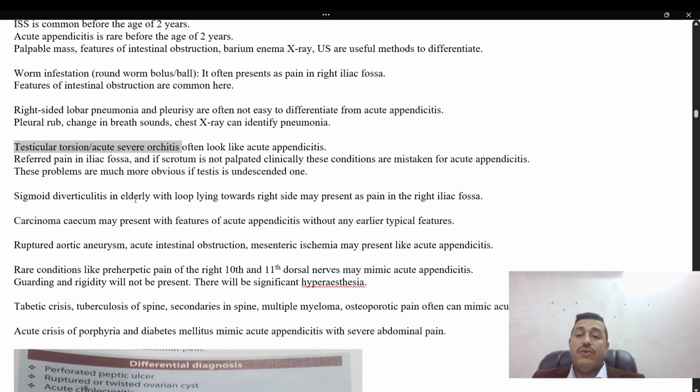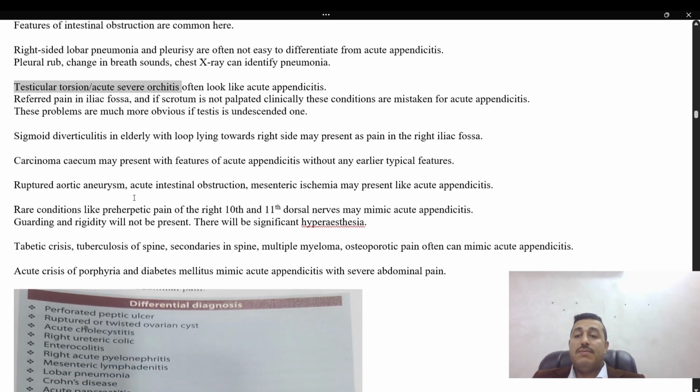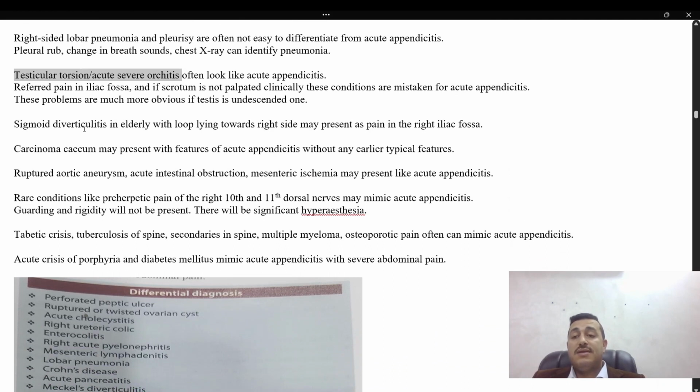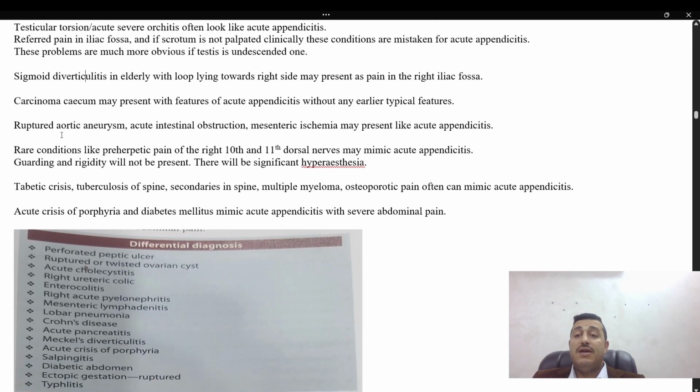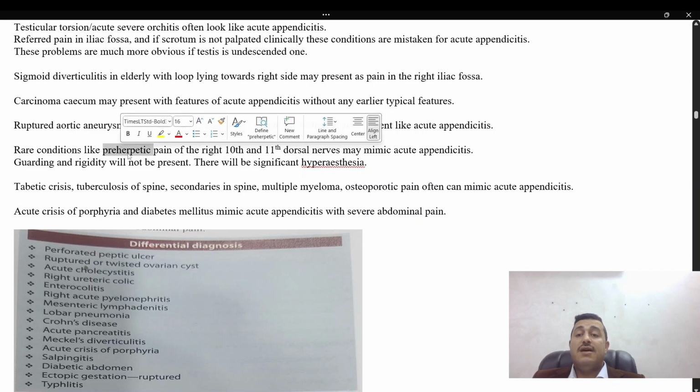Yes, it can present with lower abdominal pain and right iliac fossa pain. Sigmoid diverticulitis, especially in the elderly. Yes, the sigmoid is on the left, but it can loop and be redundant, so it will present as right iliac fossa pain. Carcinoma of the cecum, especially in the elderly. Ruptured aortic aneurysm, and some rare conditions such as herpes.